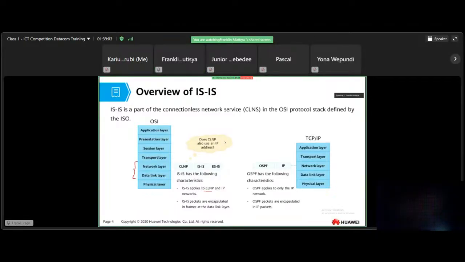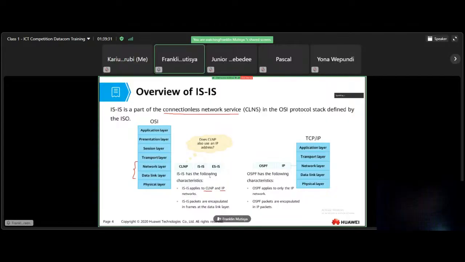ISIS is a connectionless network service in the OSI protocol stack, and it applies to both connectionless and IP networks.